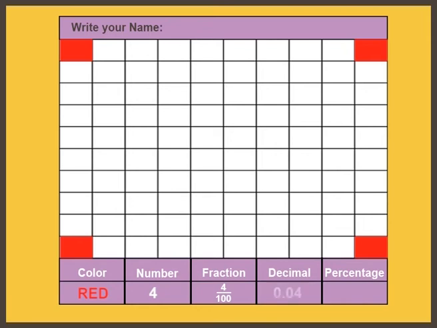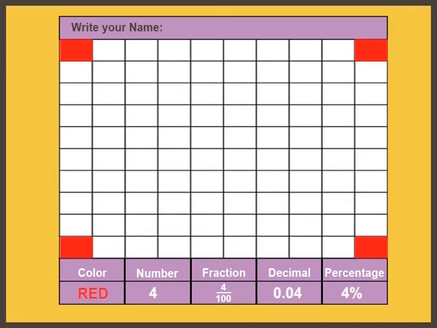Decimal number becomes 0.04. How do we calculate percentage? We have 100 blocks in total and we have 4 red blocks. The percentage of red blocks is 4 and is written as 4%.